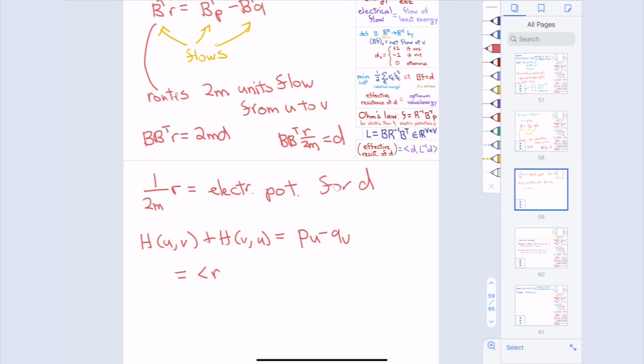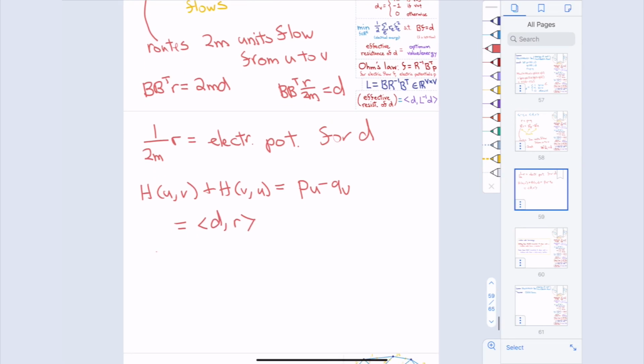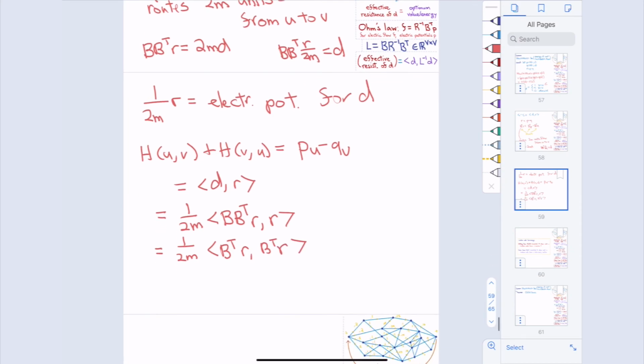Let me write it this way: 1 over 2m B transpose R, which is 1 over 2m B transpose R, which is 2m times, if I put the 2m over down here.